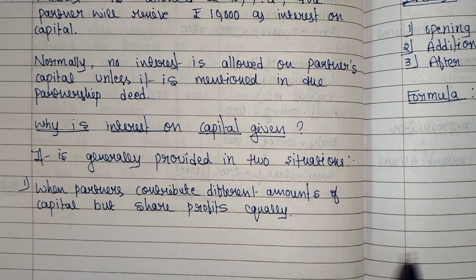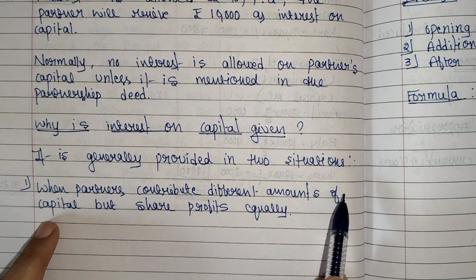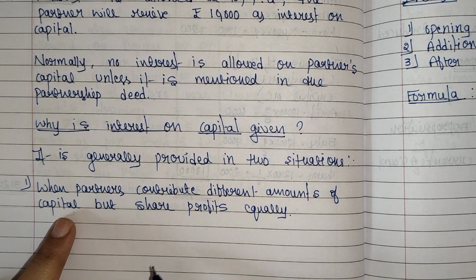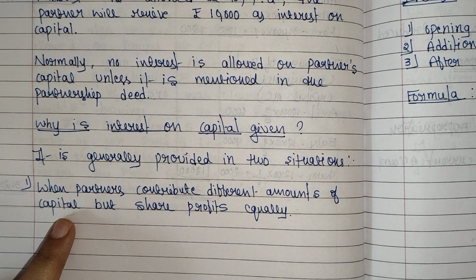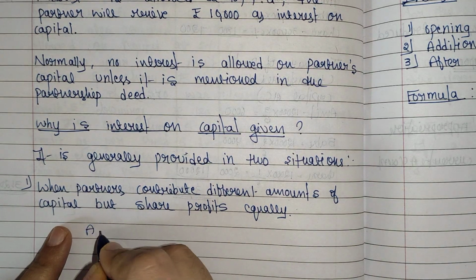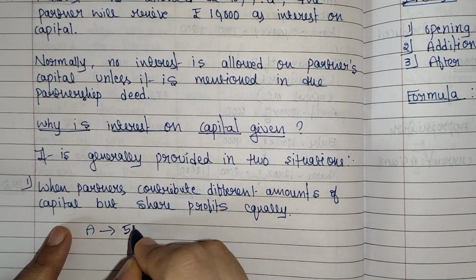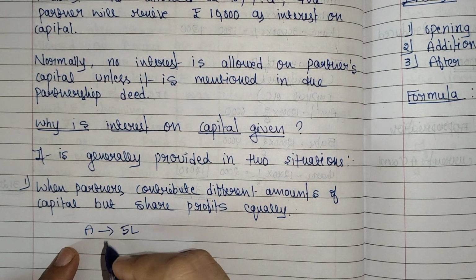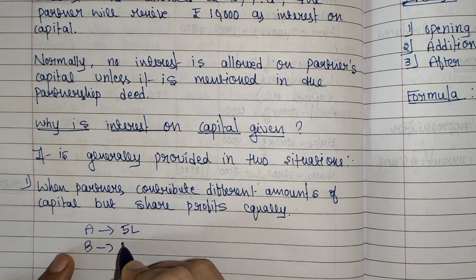It means, for example, A invests rupees 5 lakh and B invests rupees 2 lakh.